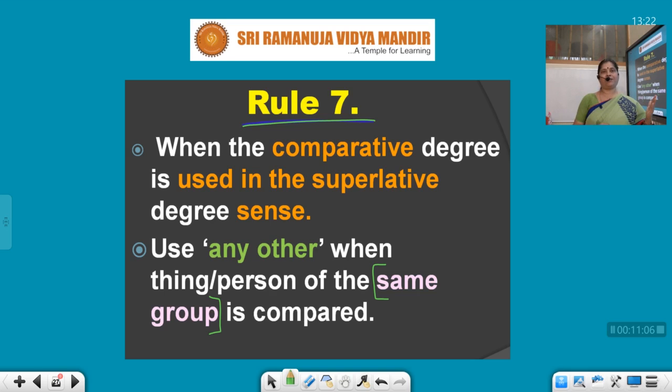I'm not supposed to compare one group with another group. That is an animal group and this is a human group. Do you understand? So this is very important. Same group. When there is a same group, and in the same group when you're using a comparative as a superlative, then you have to use any other. I repeat. When a comparative is used as a superlative in the same group, then any other must be there.